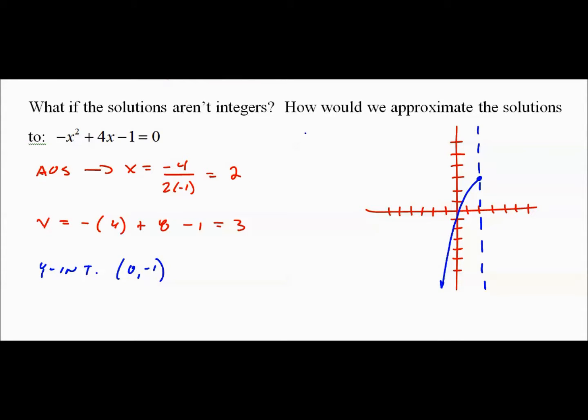Looks like it hits at about 0.2, and at about 3.9. Question mark on those. So that would be solving by graphing, but it's really not very accurate.